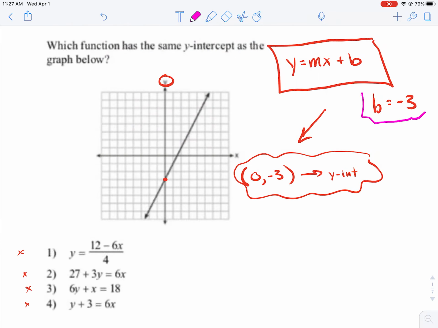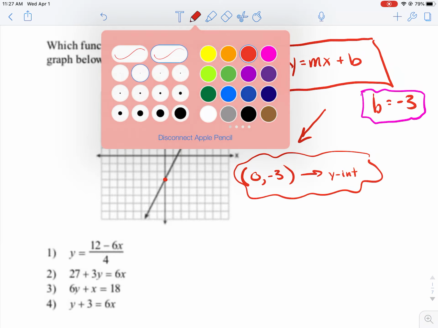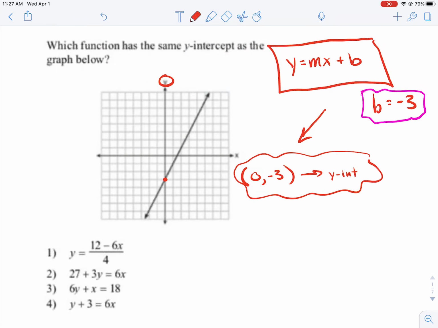And so we're looking for negative 3. So this b, we're looking for a b value of negative 3. Okay? So, let's take a look at those problems.